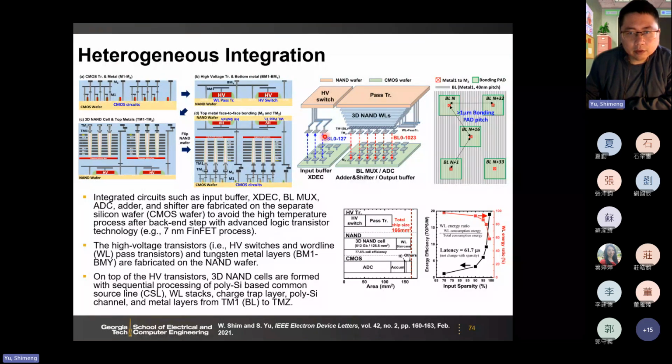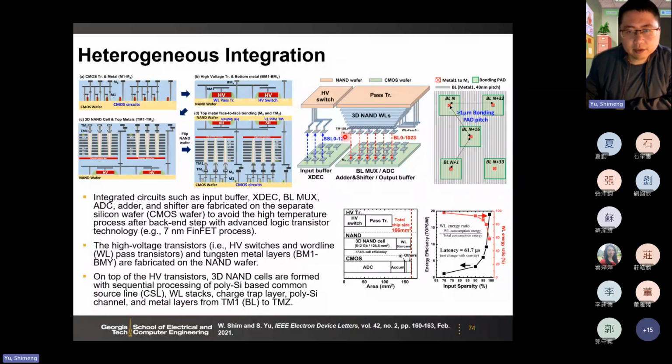The 3D NAND can still use the 3D NAND maximum array, and have high voltage transistors built into the 3D NAND wafer. And then the logic could be produced by another logic foundry. For example, the 3D NAND can be made by a memory vendor like Samsung, Micron, and so on, and the logic fabricated by TSMC, for example, and then somehow you bond those two wafers together.